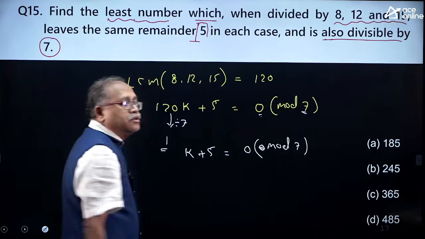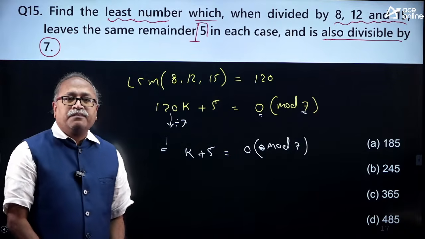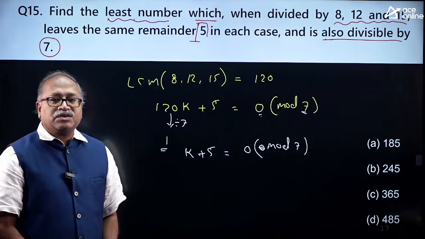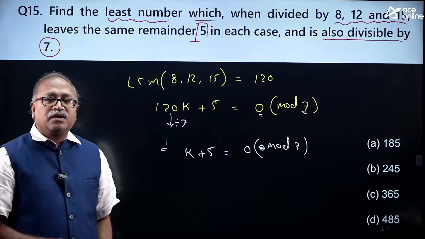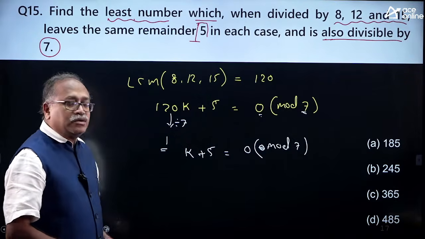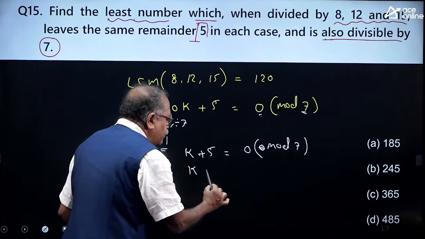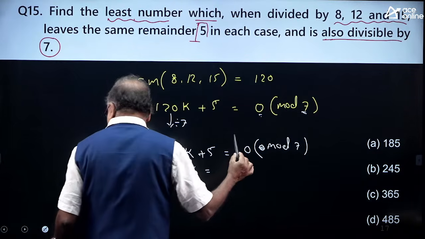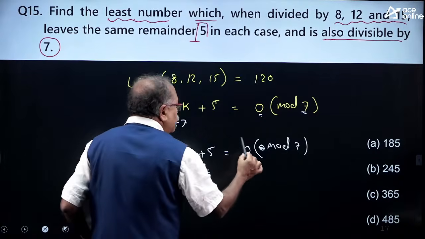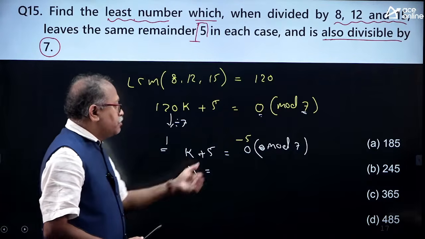Learn this method, because not everyone learns this particular method. If you learn it and it comes in the exam, you have an advantage over your competitor. So, what is k? The 5 will go over here, and that becomes minus 5, and we don't write the number as a negative remainder.